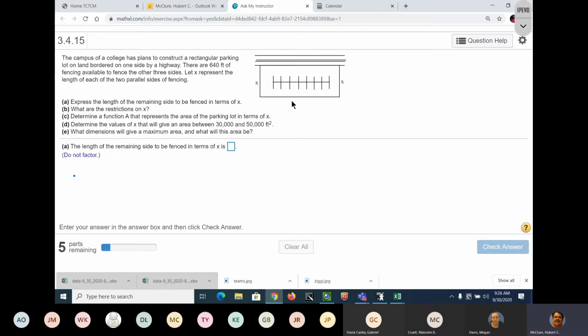Well, let me say this again. There are 640 feet of fencing available. So I'm going to draw this. I'm not going to draw it as elaborate as they did, which they didn't draw really elaborate at all.